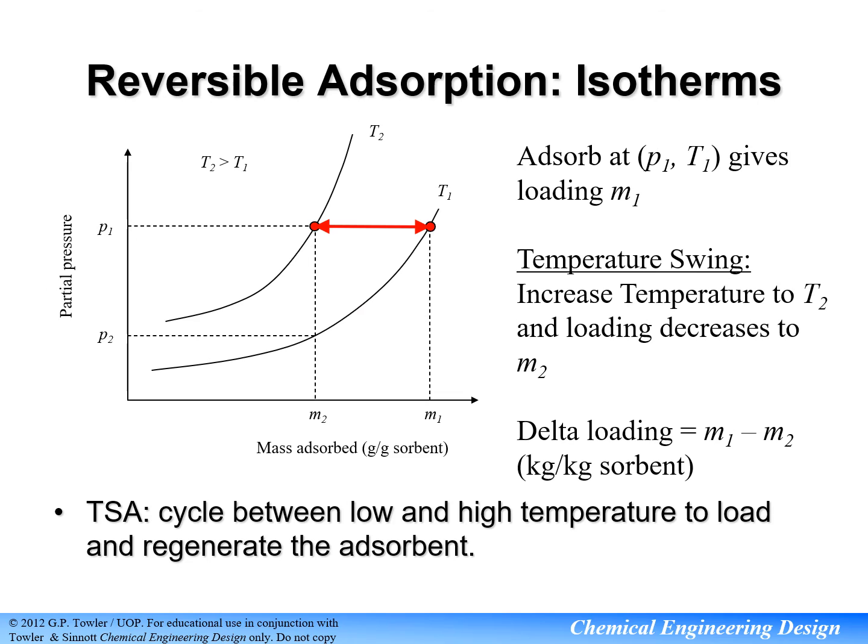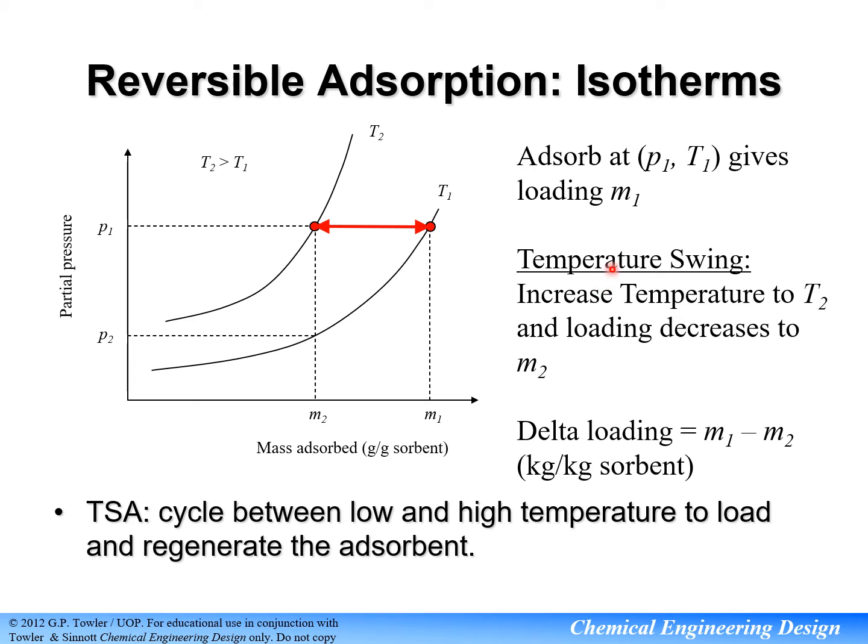Now we move to the TSA. For TSA, we find the mass adsorbed at point 1 at temperature 1 and pressure 1, and for the mass adsorbed at point 2, we take the information at temperature 2 and pressure 2.